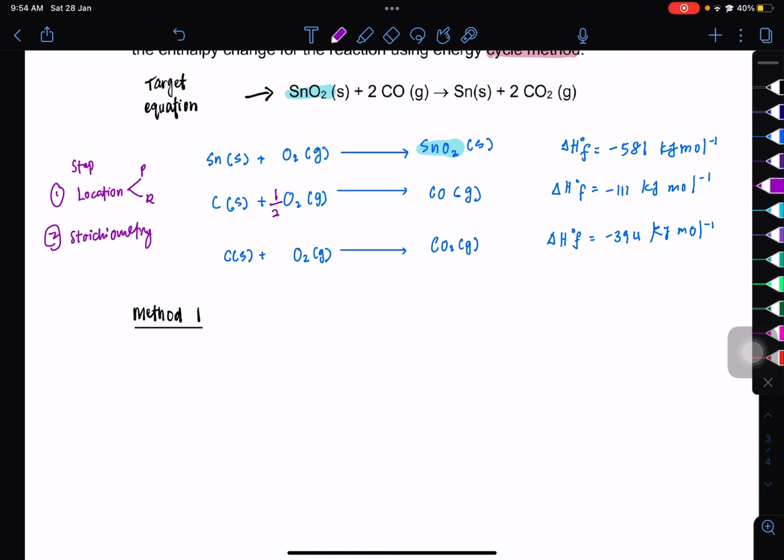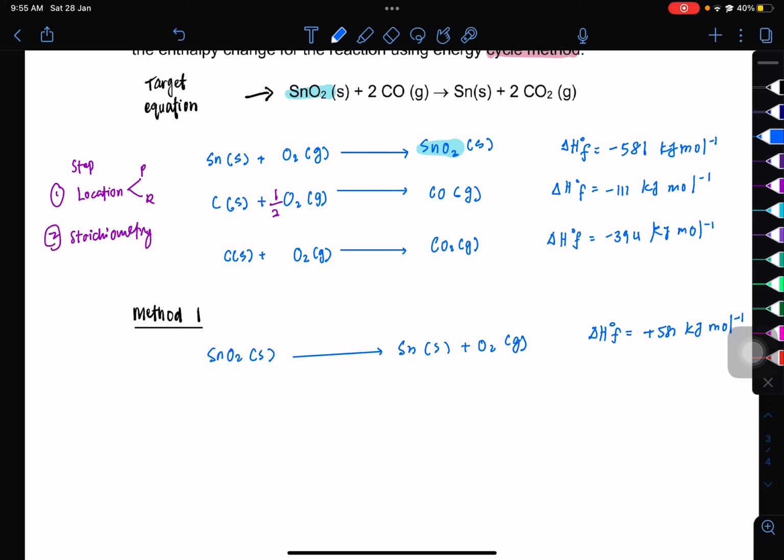So I will swap it: Sn and oxygen will be here, and your enthalpy should be changed to positive.